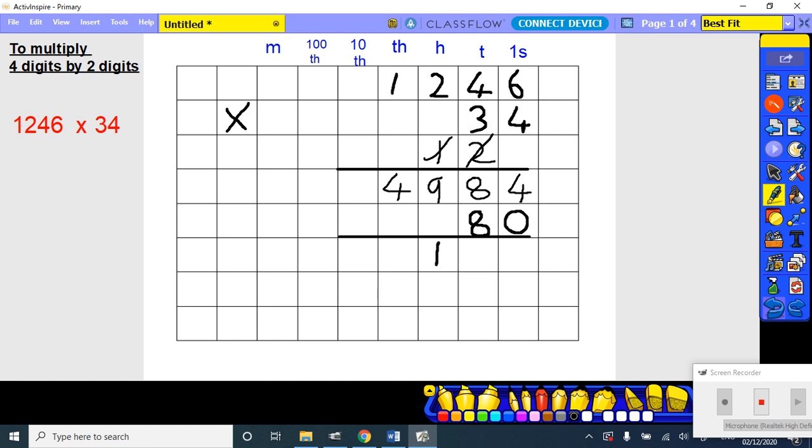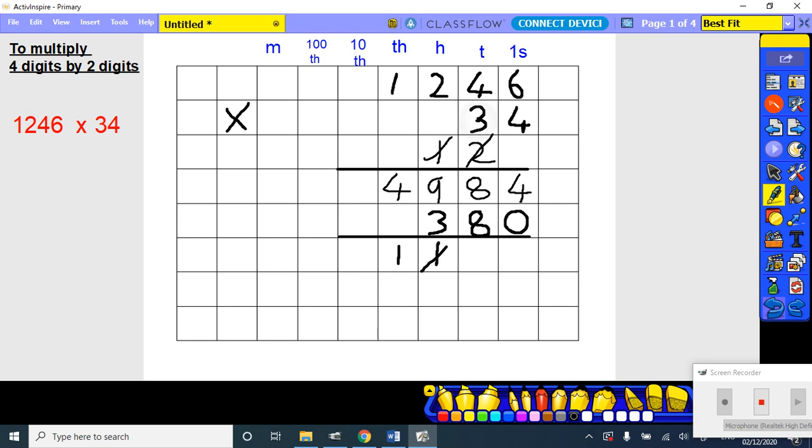We now must do 30 times 40, or 3 times 4. 3 times 4 is 12, plus we have the extra 100 here, giving us 1,300. The 300 goes in the hundreds column, and 10 lots of 100 is the same as 1,000, so we move that into the thousands. We've done 30 times 40, or 3 times 4.